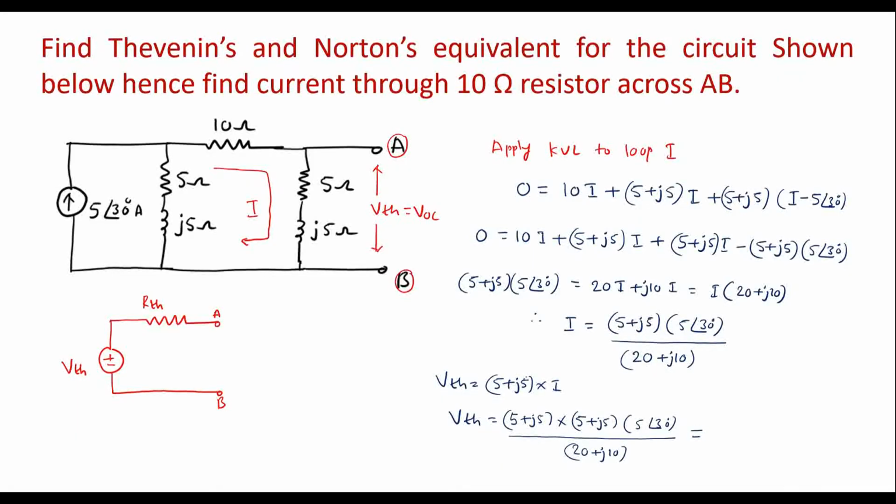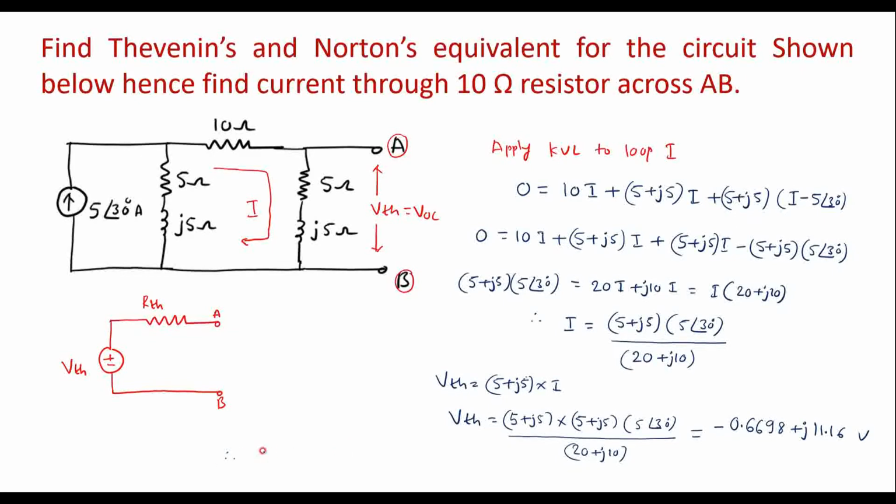Solving this, we'll get minus 0.6698 plus J11.16. This is in rectangular form.